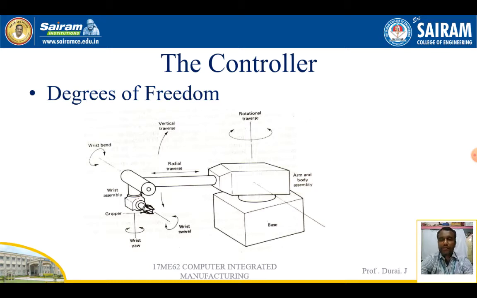Okay. Degrees of freedom in robots. These degrees of freedom, we are going to consider along with the end effector. The end effector movement, we consider the degrees of freedom over here. Usually the end effector is attached to the arm, and it performs the various tasks.